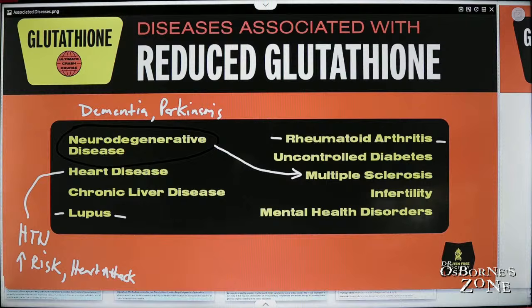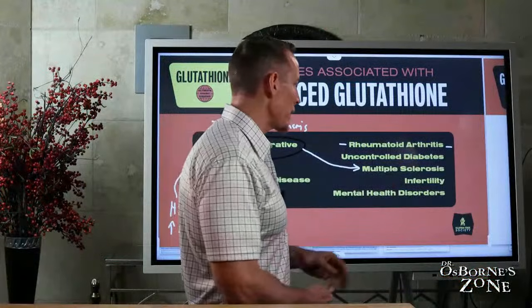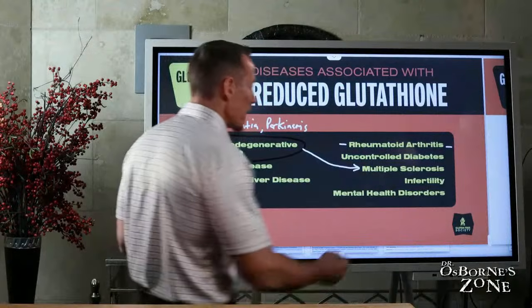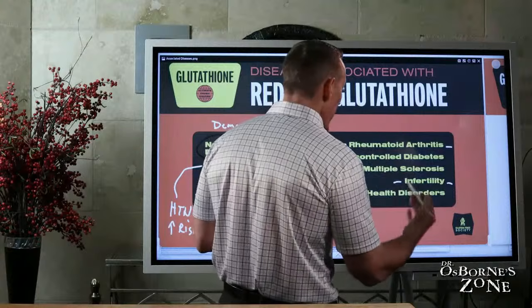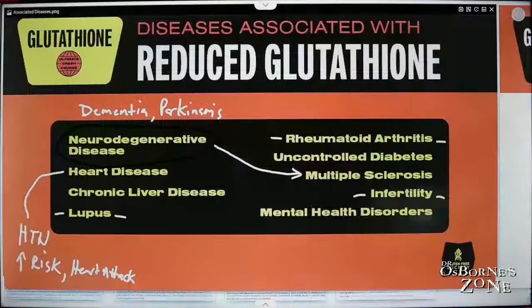We know that people that have uncontrolled diabetes, that not only can that cause or contribute to low glutathione, but low glutathione can make it harder to control diabetes. We know about infertility, as it's especially true for both men and women. So it's not just ladies, because a lot of times women are blamed for infertility, but this is also for fellas, for men.